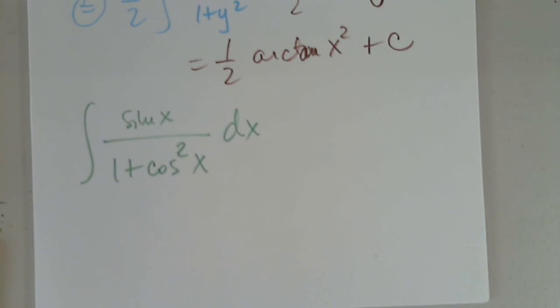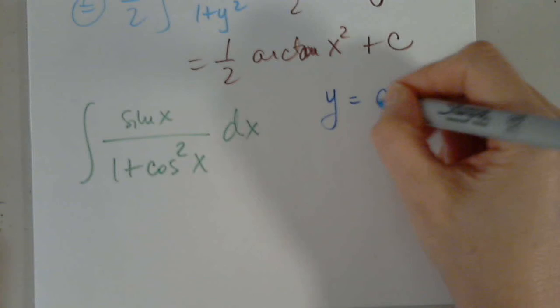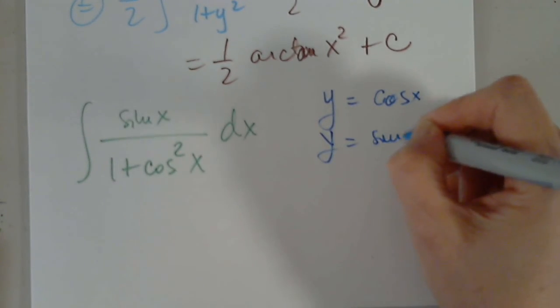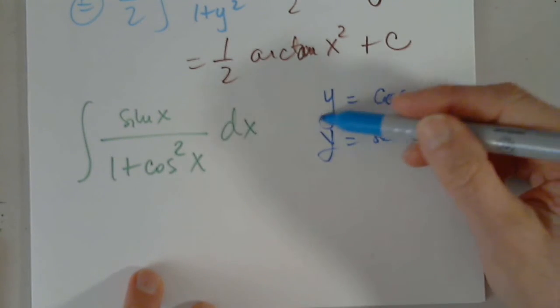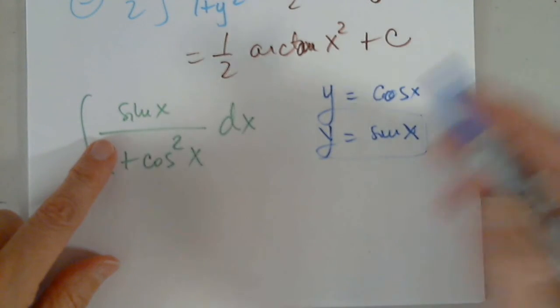Many times when we see sine or cosine, we should think of the substitution either sine or cosine. I'm not going to give a recipe, but many times. The problem is that if I consider this, I don't have dy in the problem.